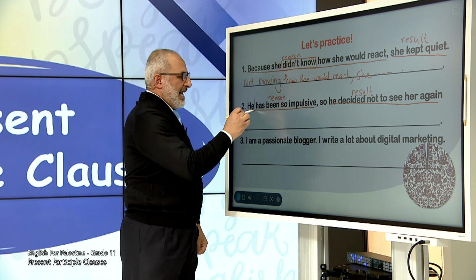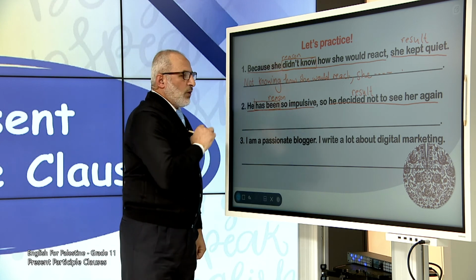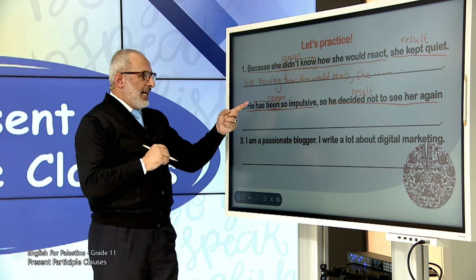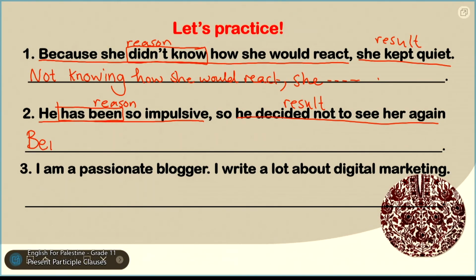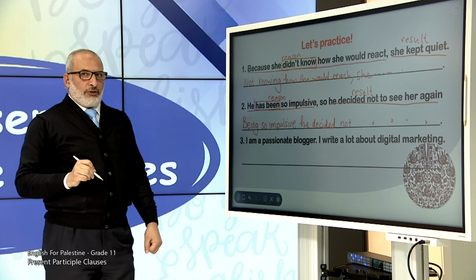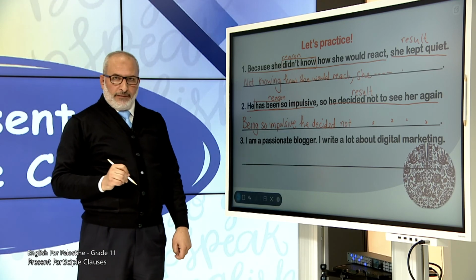The verb is has been. What is the infinitive form of has been? Yes, it is be. With ing, it becomes being. So, being impulsive, he decided not to see her again. Okay? Great. Let's now move to number 3.